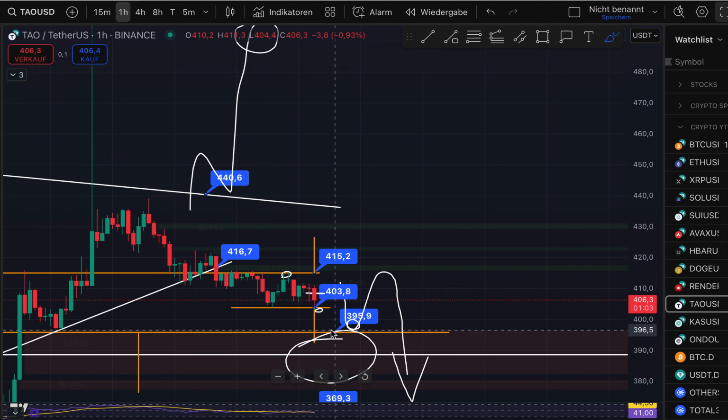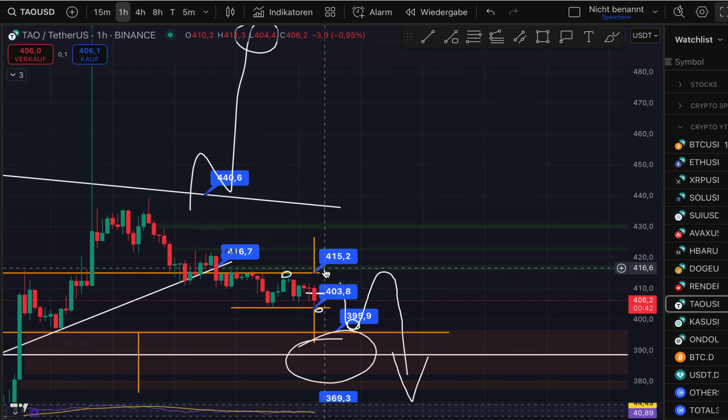So that's why I want to take profits, depending for sure on how we get to the downside. But if we get slowly to the downside, then I would even take profits at 396 US dollar. And if we break it to the downside, then I can increase my position size again. But at least I de-risk a bit of my position.